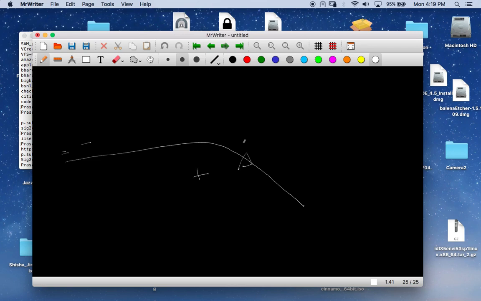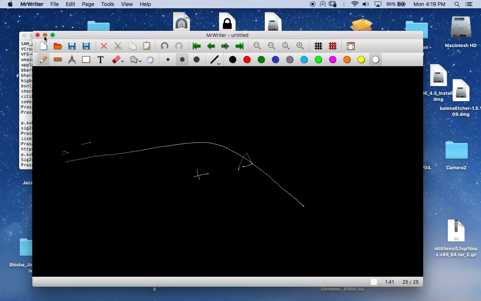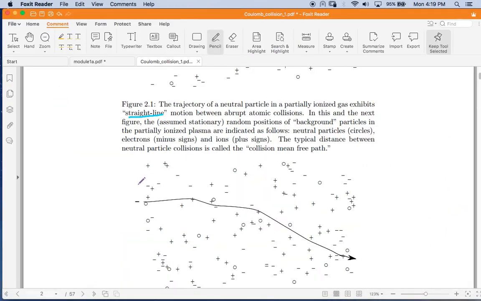But the unique thing about a plasma, in which there are lots and lots of these positive and negative charges, is that there is Debye shielding, as we've discussed in a couple of earlier lectures.